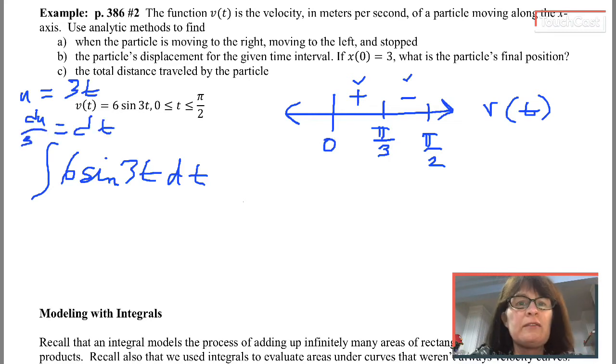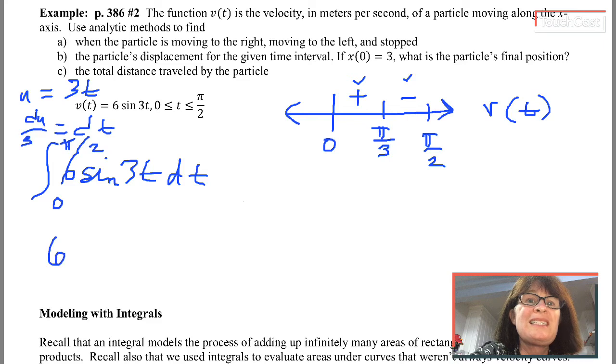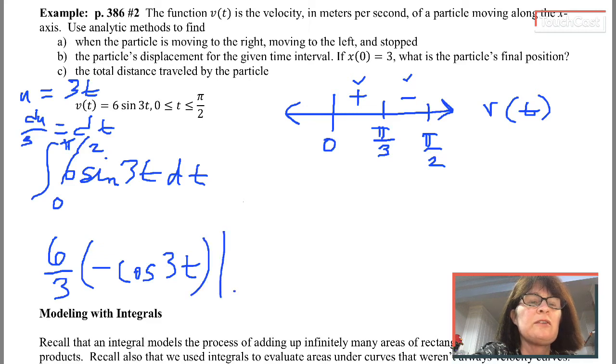And oops, I should have limits here. That's going to be from 0 to pi over 2. So that's going to be 6 over 3 times the antiderivative of sine, which is negative cosine of u, which in this case is 3t. I'm going to evaluate from 0 to pi over 2.